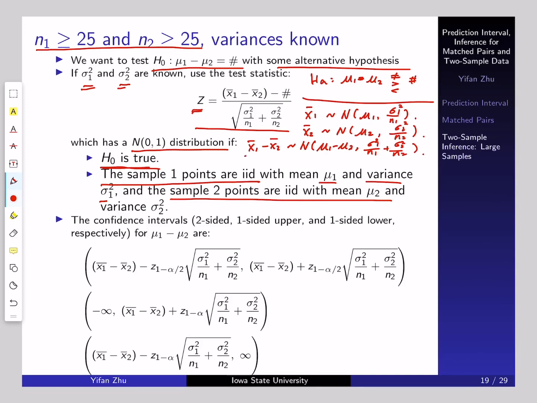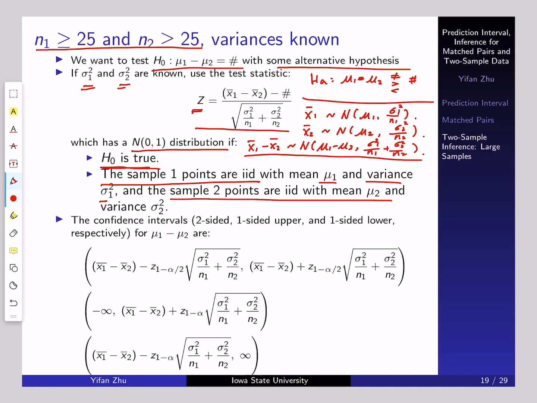You can check the comments about the multivariate normal I posted in the announcements on Canvas. This is how you get the distribution of a linear combination of normal random variables.